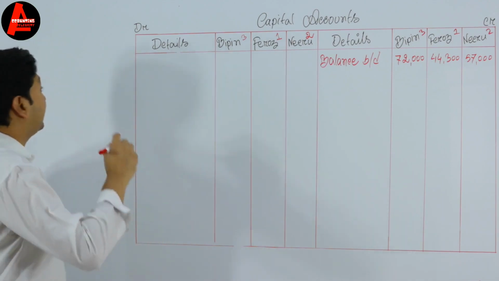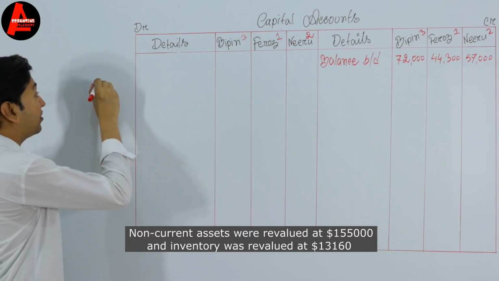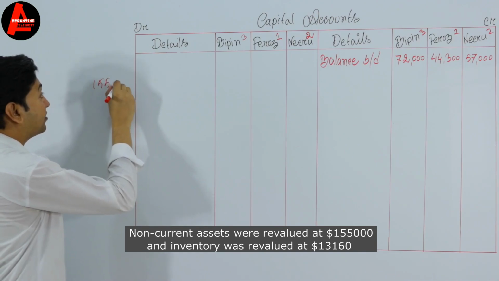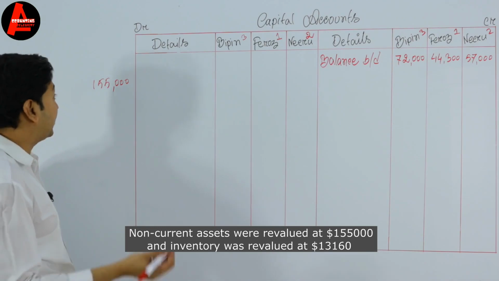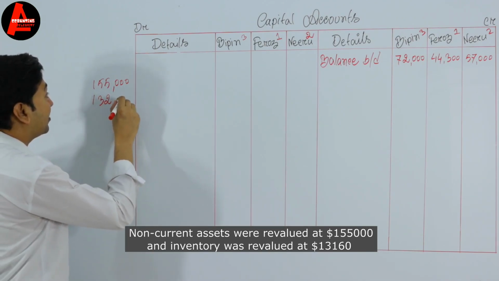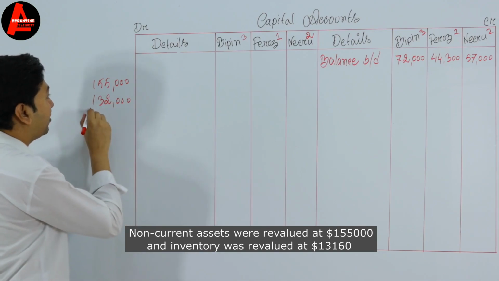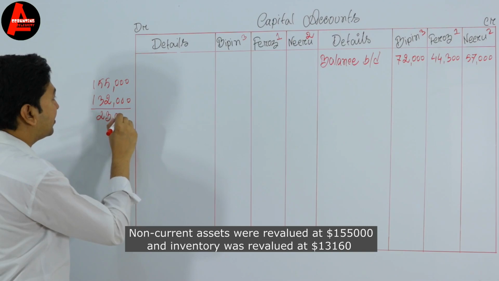The current value for non-current assets is $155,000 and in the statement of financial position the value was $132,000. If we subtract, we see $23,000.